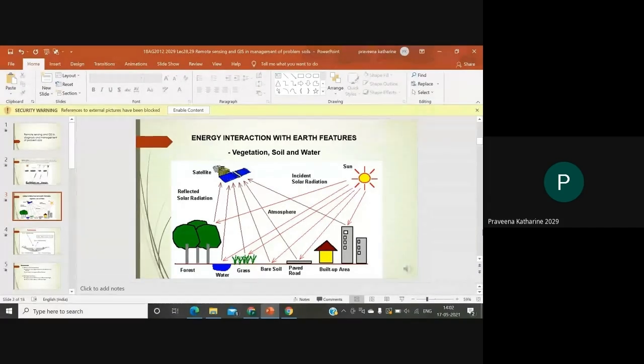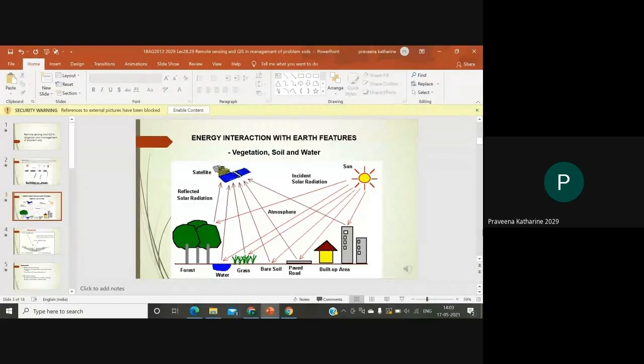You say it is a red color, blue color, green color, isn't it? How is that done? Due to the reflectance, isn't it? One particular wavelength alone is absorbed by the object and all other radiations are reflected. So all the radiation which is reflected will interact together and in your eyesight it will form a different color. That is why you are able to view different colors.